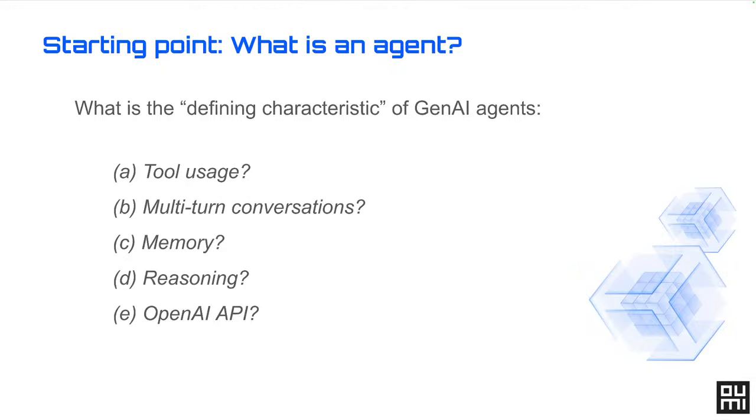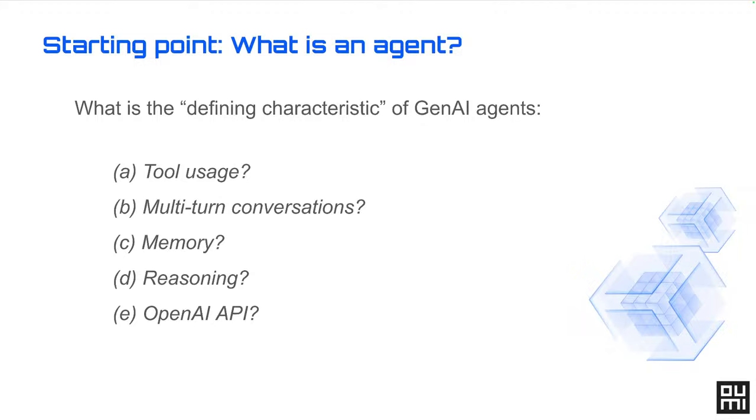This is more like a discussion-stimulating exercise. So is it tool usage? Is the primary characteristic that an agent is able to use tools? Or is it that an agent can take part in multi-turn conversations?